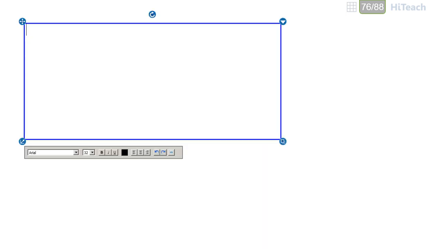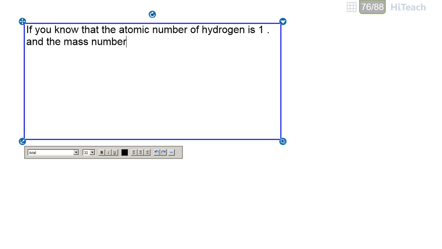The question now is: if you know that the atomic number of hydrogen is 1 and the mass number is 2.